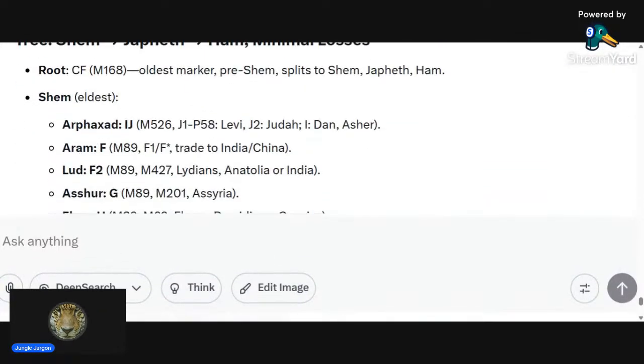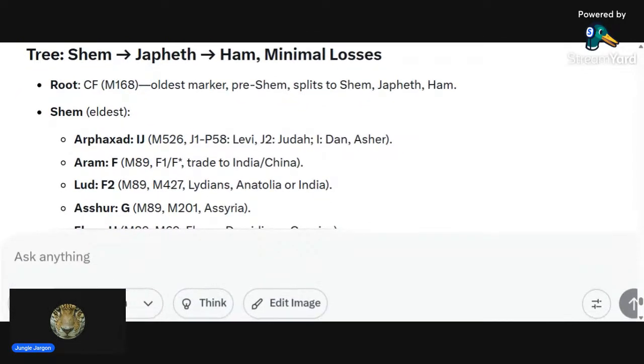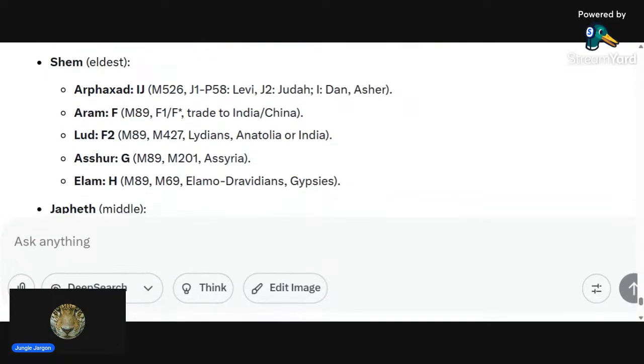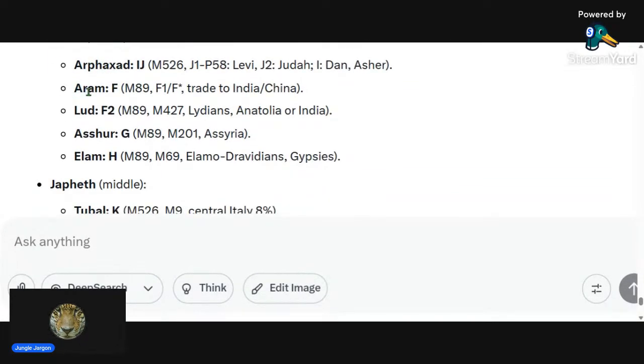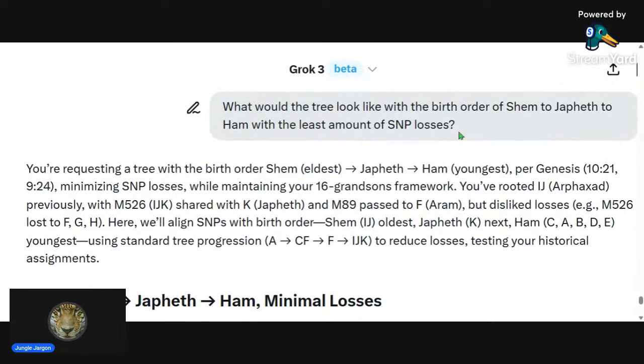Now, if you get it in the right birth order, let's see if we can understand it. I thought I understood it before. Okay, Shem's the oldest. So you have Arphaxad, Aram, Lud, Asher, and Elam with minimal losses. What would a tree look like with the least amount of SNP losses?